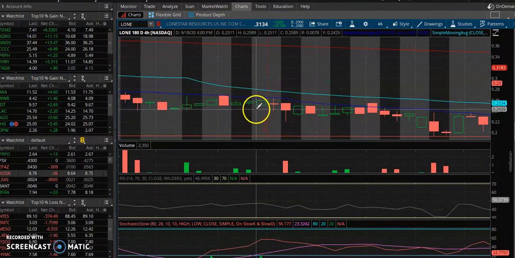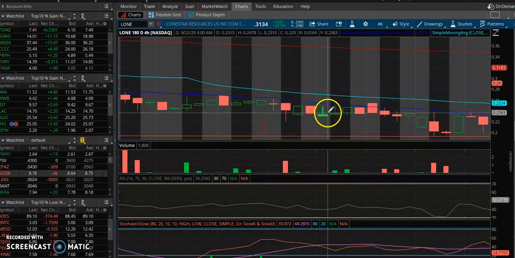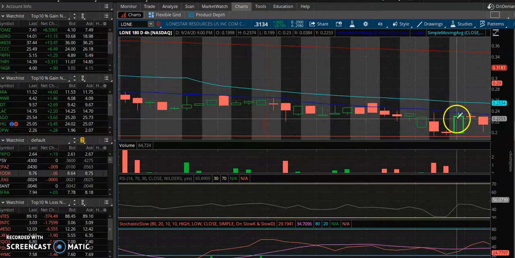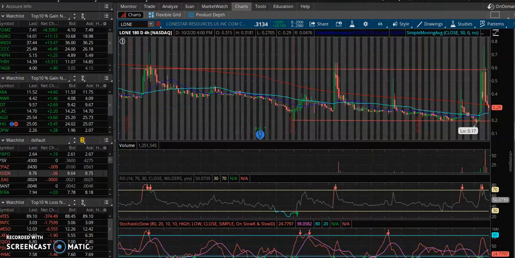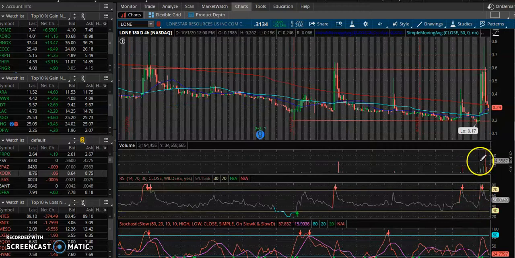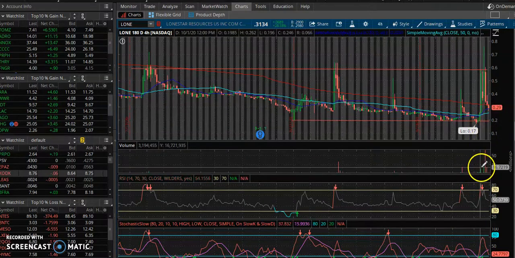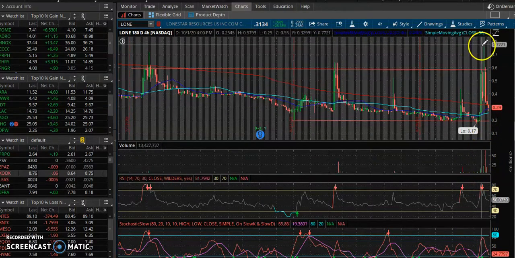So it hits this moving average, pulls back, hits it, pulls back. That's called resistance. The only thing that makes a stock break through resistance and shoot up is volume. And you see, once these stocks got volume, which is indicated right here, they shot up.